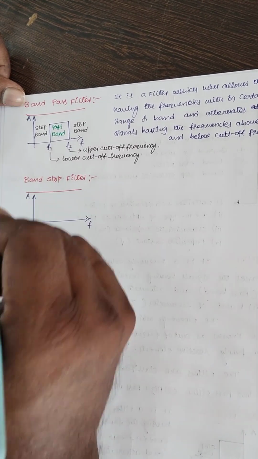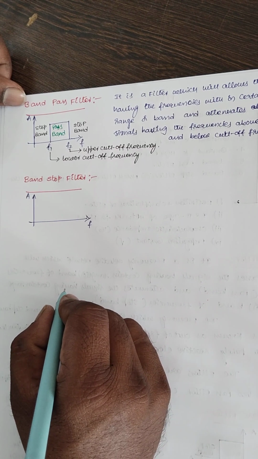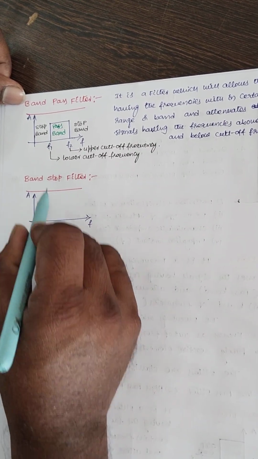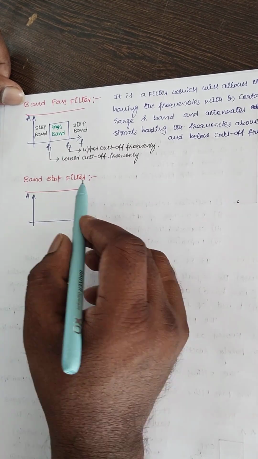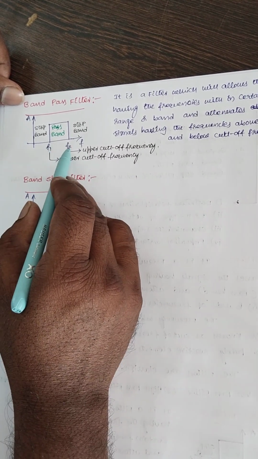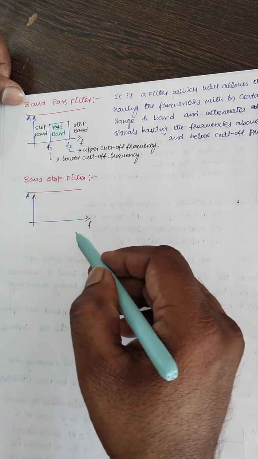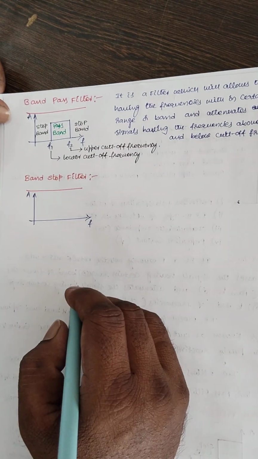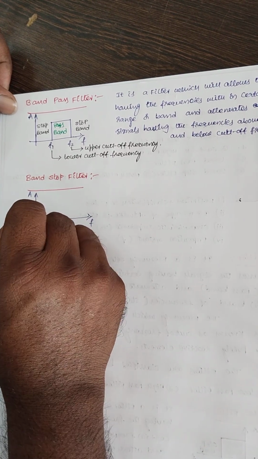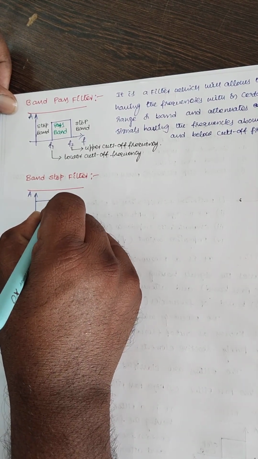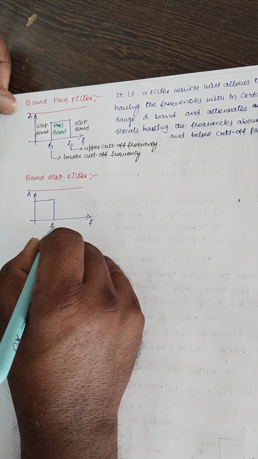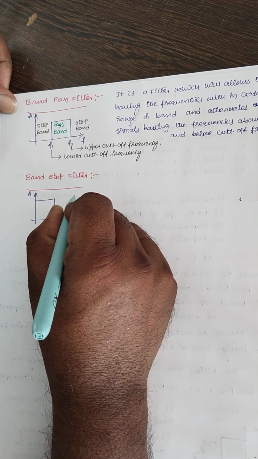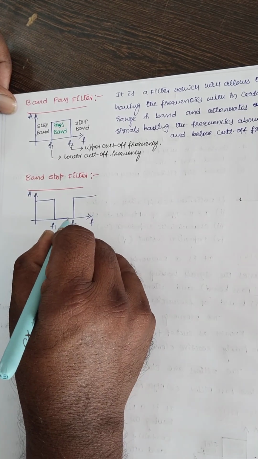Within this band, it stops or attenuates the signals. Above and below the cutoff frequencies, it allows the signals. So this is the lower cutoff frequency f1, and this is the upper cutoff frequency f2.